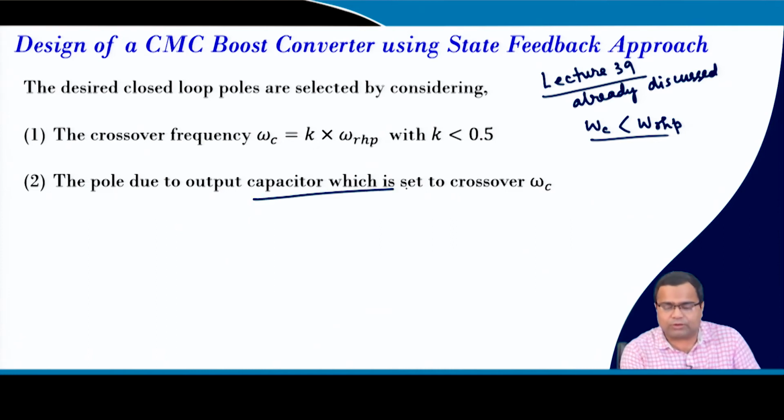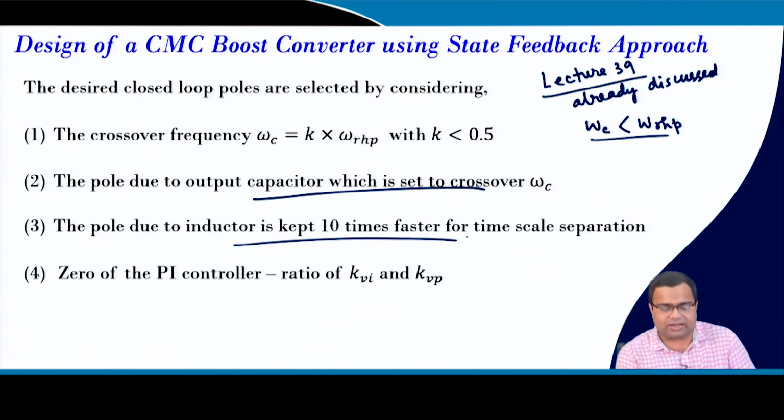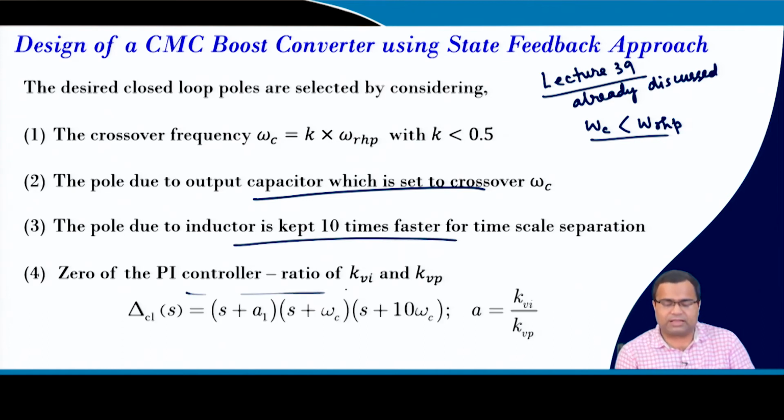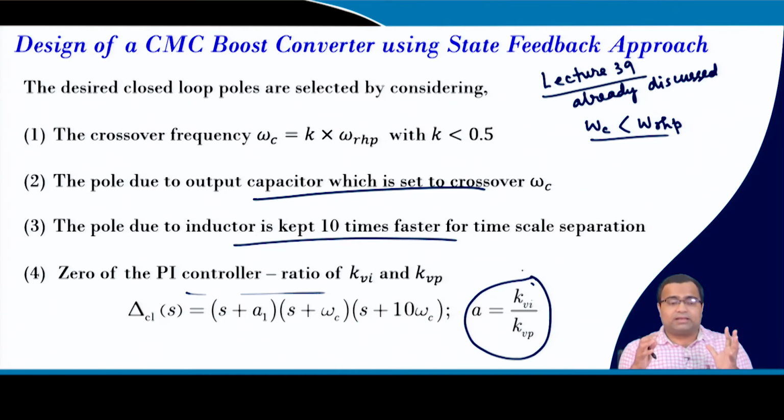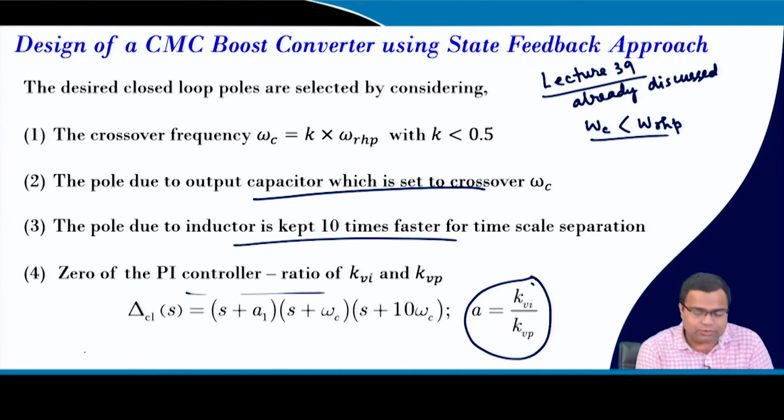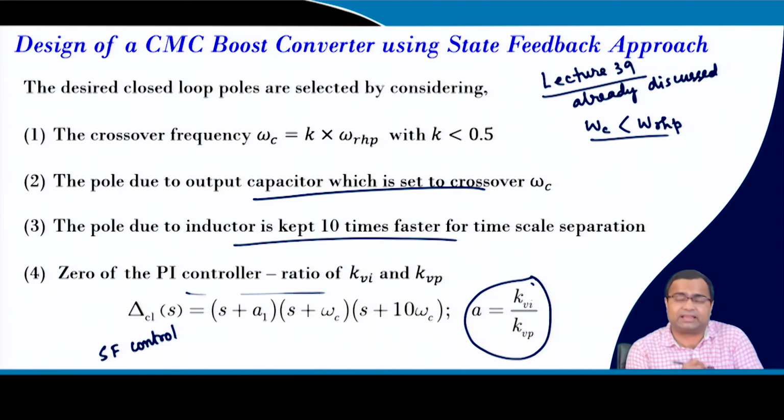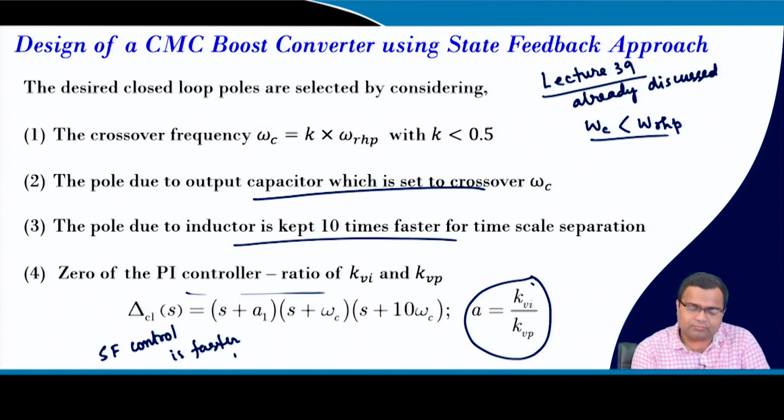So, the pole due to the output capacitor is 10 times faster, and the zero is Ki by Kp of the voltage controller. And we have seen this can achieve a faster response than output feedback. So, we have seen that the state feedback design is faster than our output feedback based design.